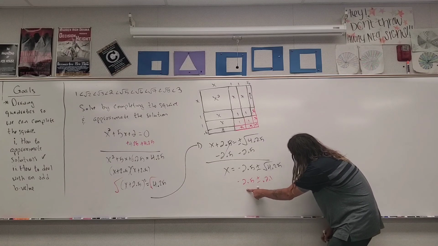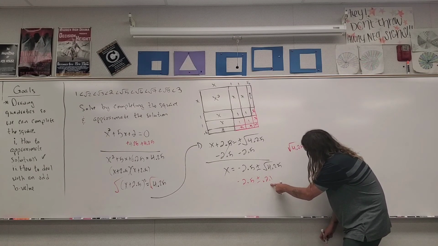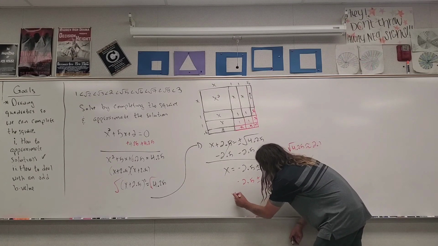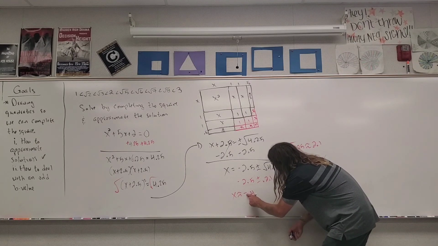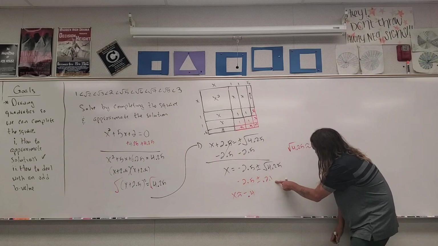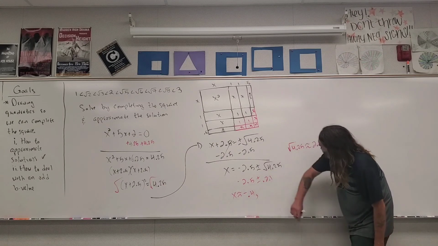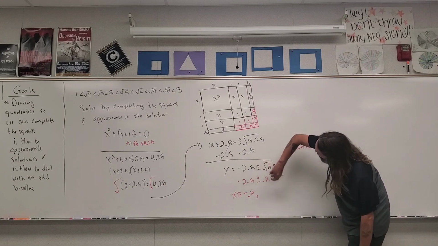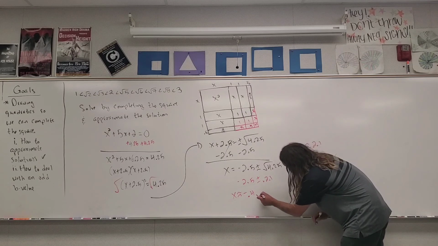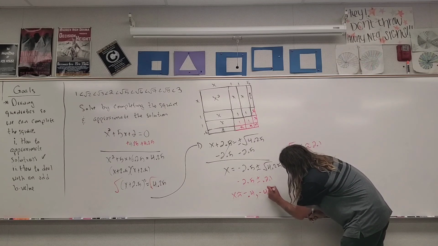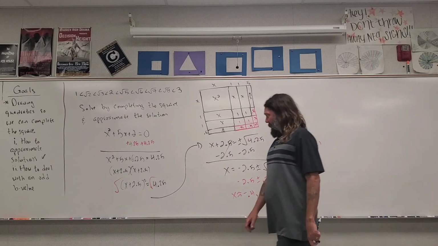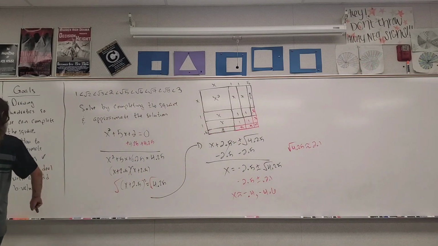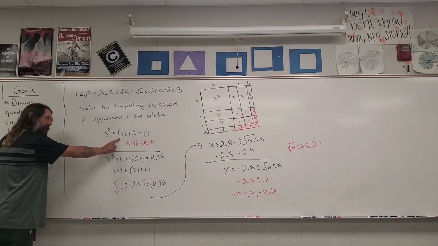So you owe $2.50, you have $2.10. So that means an approximate value for x would be negative 0.4 because minus 2.5 plus 2.1. And the second approximate solution would be you owe $2.50, you owe $2.10. So that means that you owe $4.60.